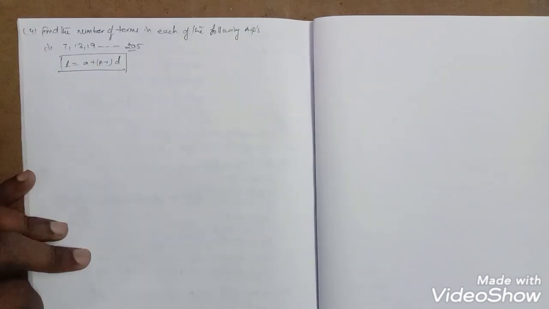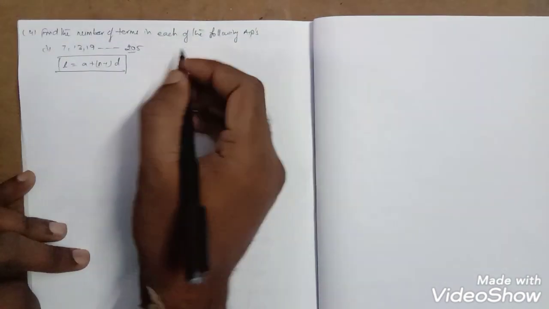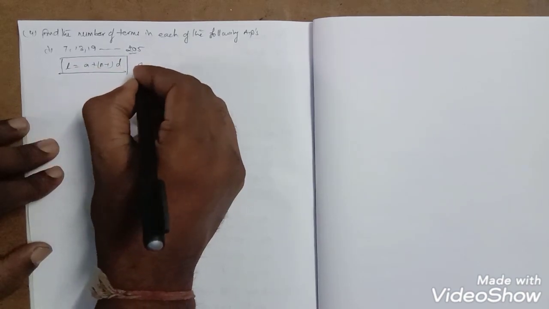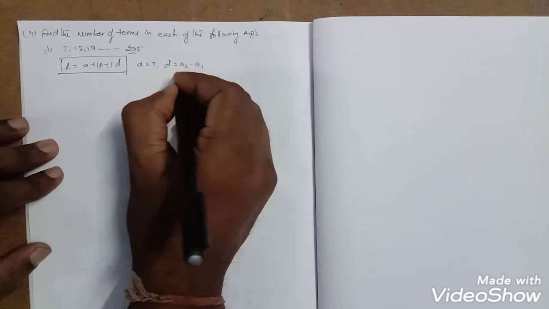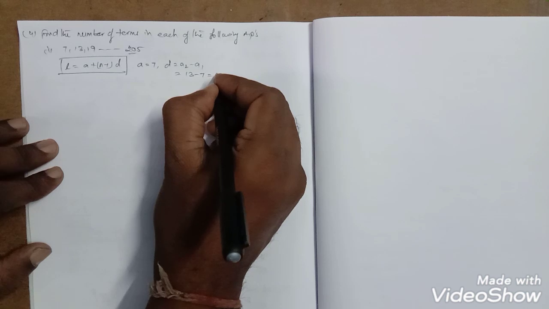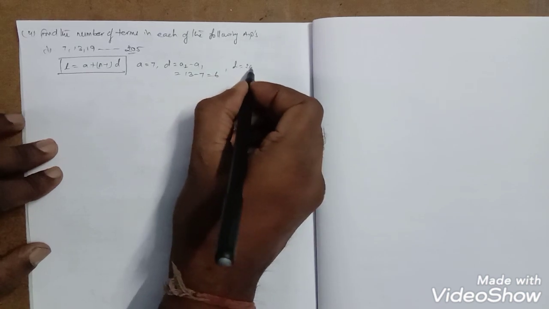If the last term they have given, it means you have to take the formula as L is equal to a plus n minus 1 into d. Then write down whatever the values they have given to you. So here a is equal to 7 and d is nothing but a2 minus a1, that is 13 minus 7, which is 6, and here the last term L is given as 205.